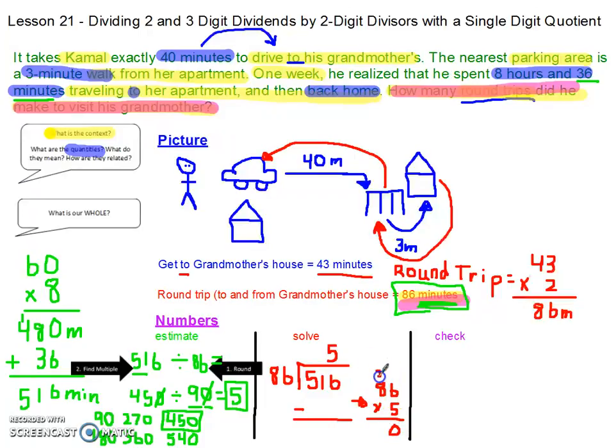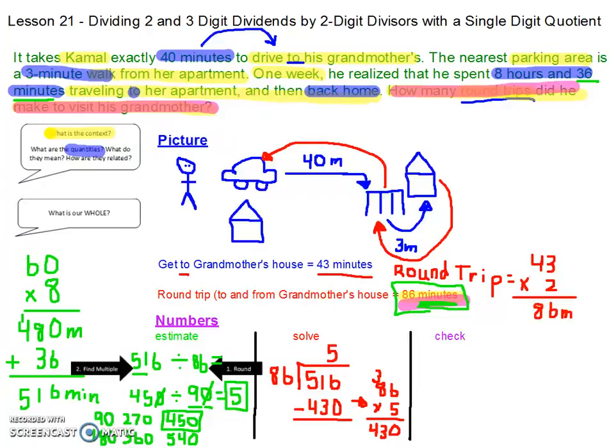And carry the 3. Then 5 times 8, which is 40, plus 3, and that is 43. So I'm taking away 430, not 43.